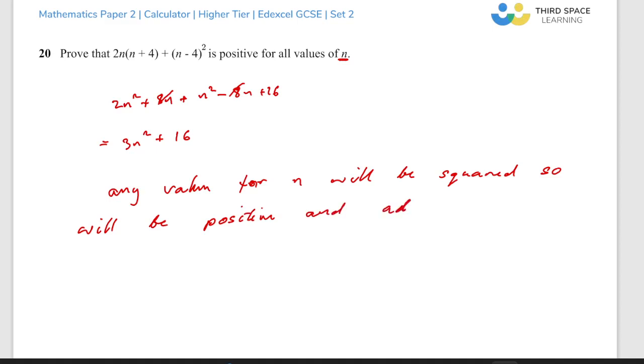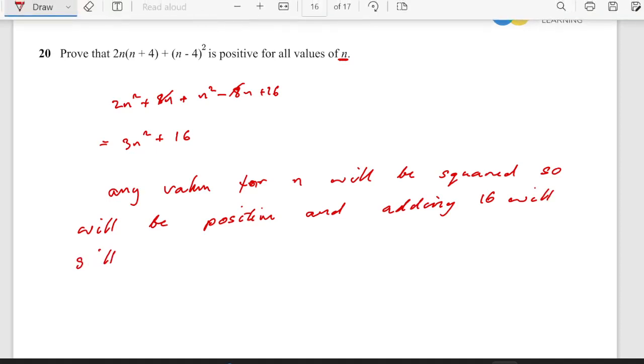And adding 16 will still give a positive result. In effect, what we've said there is that if n was, for example, minus 7, minus 7 squared must be positive, and then a positive plus a positive must always be a positive.